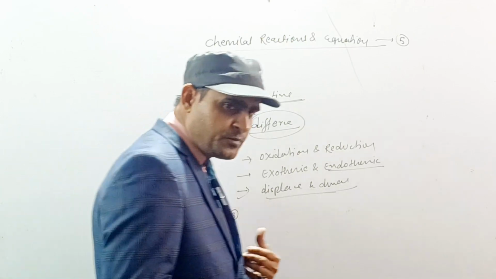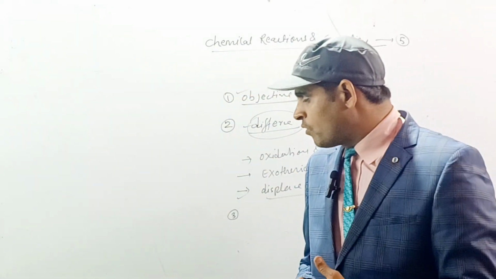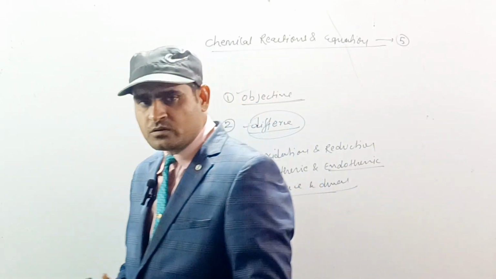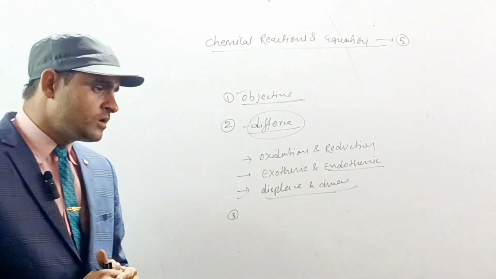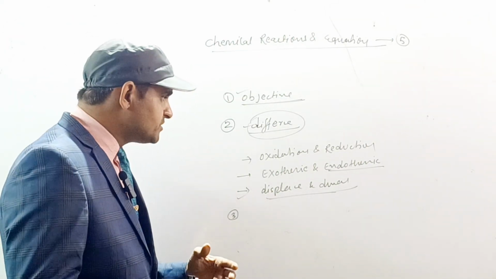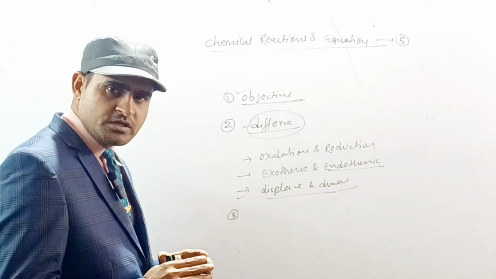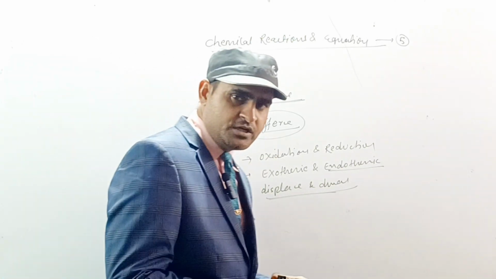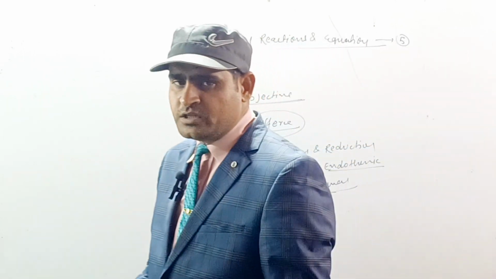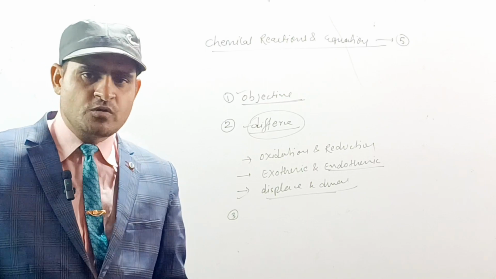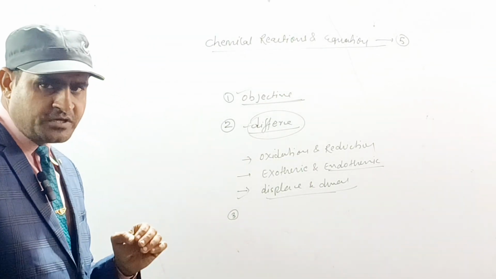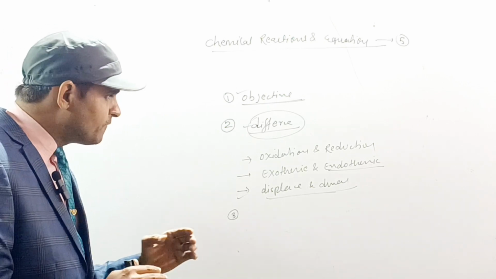If we focus on the previous year exams, in this chapter 2 diagrams were given. The first diagram was of magnesium: what will happen when magnesium is burned in the presence of oxygen to form magnesium oxide? Please draw the diagram of this reaction.